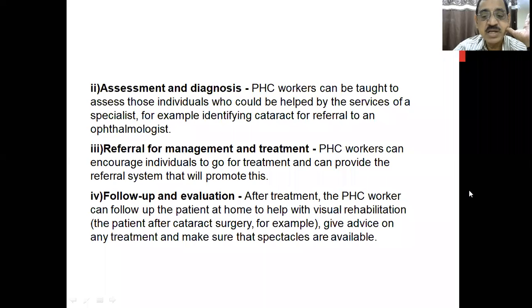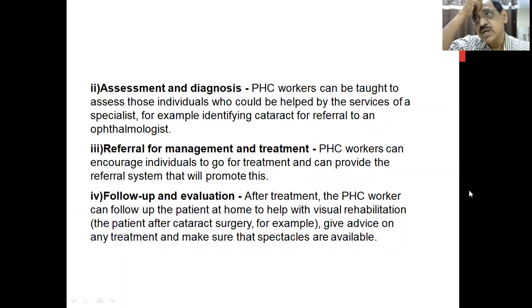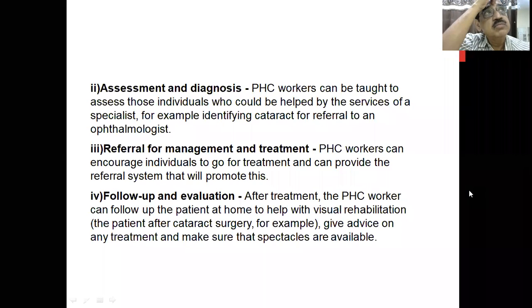So after the treatment, the PHC worker can follow up the patient. Suppose we do a cataract surgery here and the patient goes back to his village. Normally the primary healthcare workers follow the patient at their home to help them with visual rehabilitation.